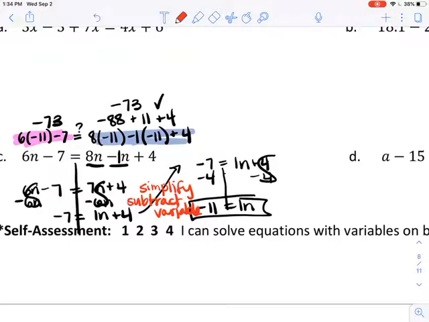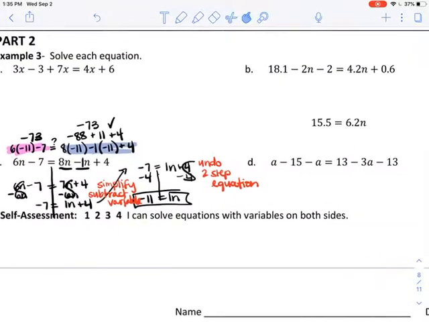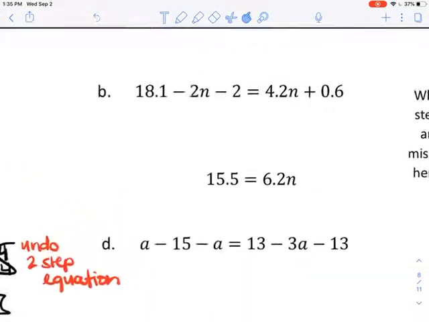And then I undid the two-step, or in this case, a one-step equation, the way you learned how to do last year. So if you can remember, simplify both sides, then subtract a variable term from both sides, and then undo the two-step equation. We're going to go over here and do B.